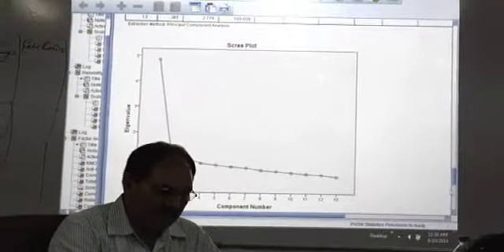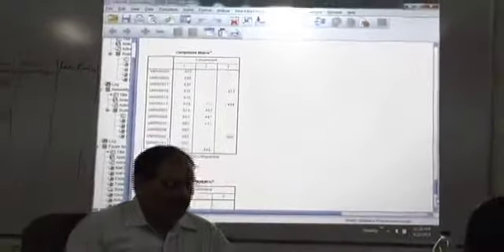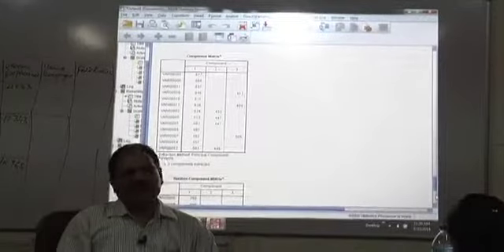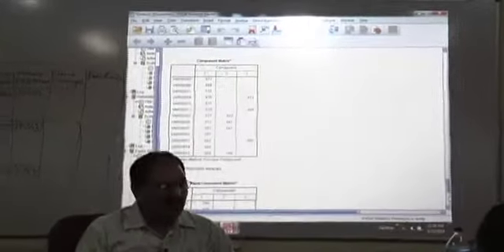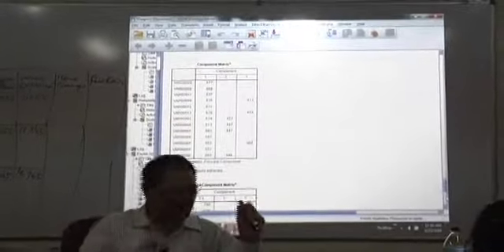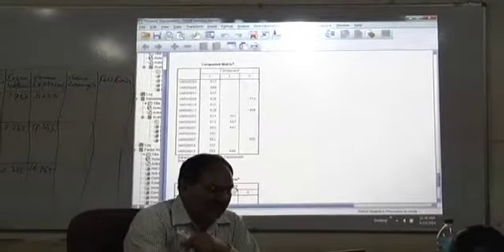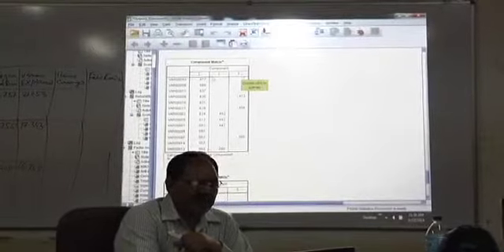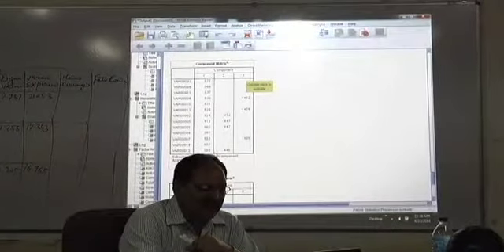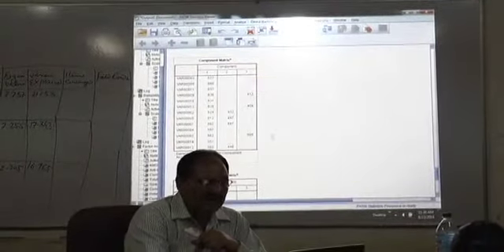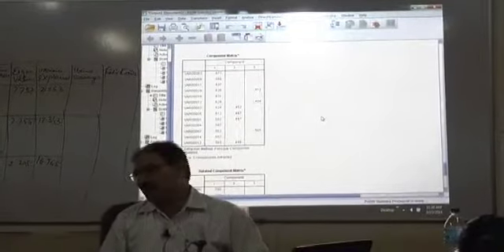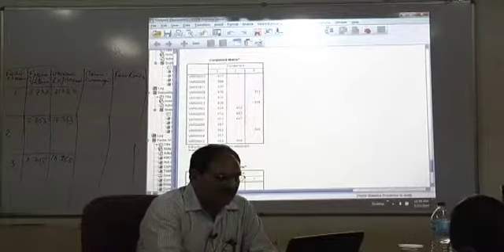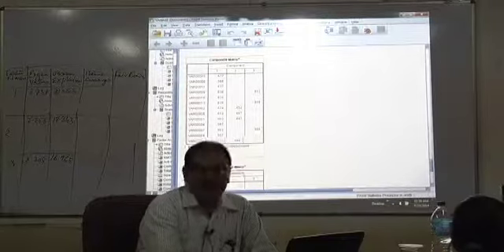Next. Now, this is the unrotated factor matrix. Three factors are shown, factor 1, factor 2, factor 3. Now how many statements have converged on factor 1? In fact, all of them have converged on factor 1, because the loadings are higher on factor 1.